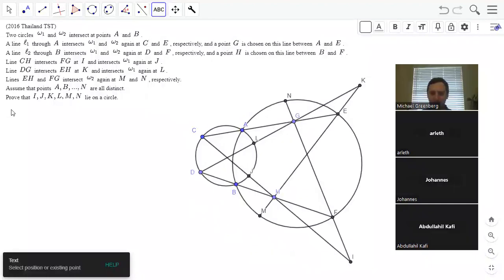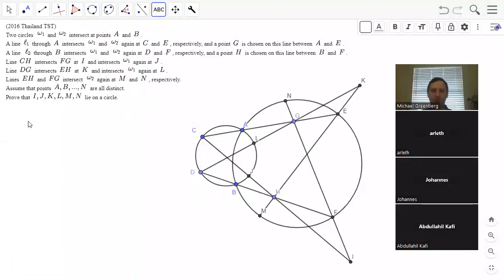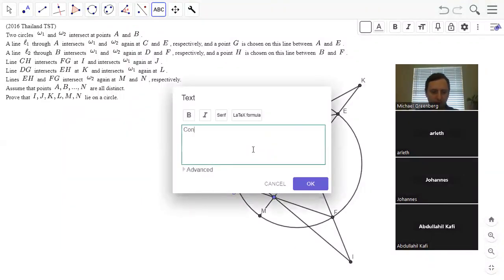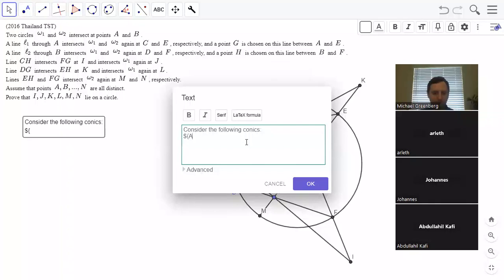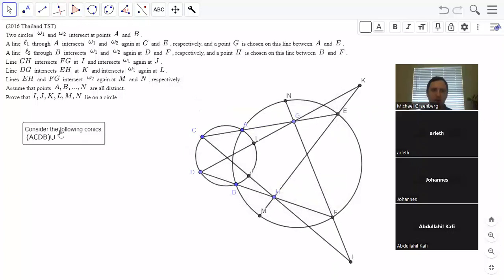Okay. So first of all, we have this circle and these 2 segments, and that's degree 4. So consider the following conics. We have this circle ACDB, and then union NI, union MK.